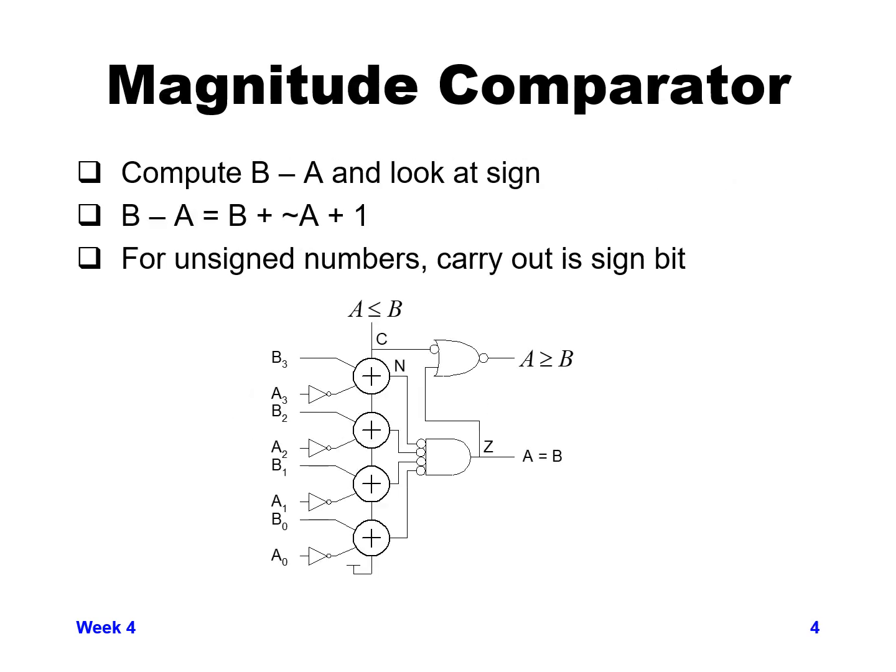Now for a magnitude comparator, if we want to see if B is greater than A, then we can just compute the value of B minus A and look at the sign.